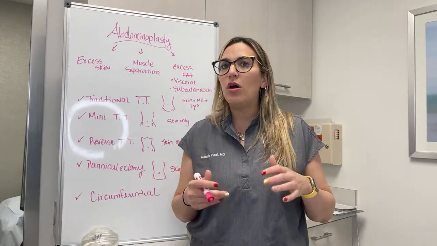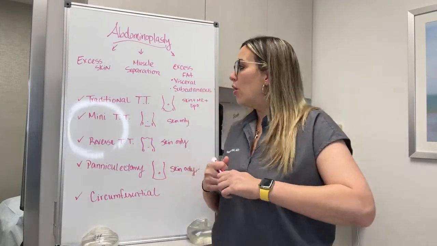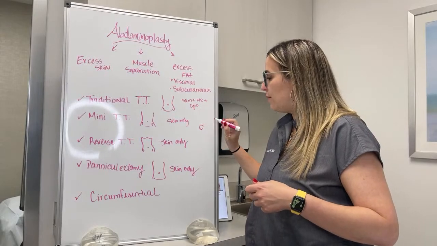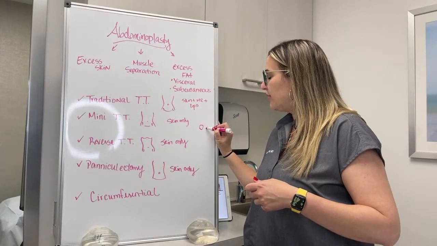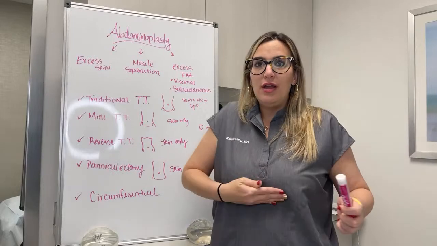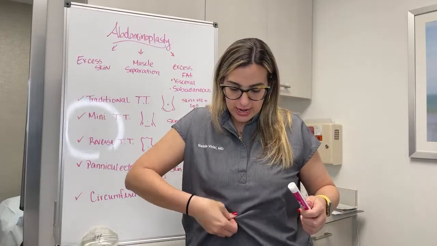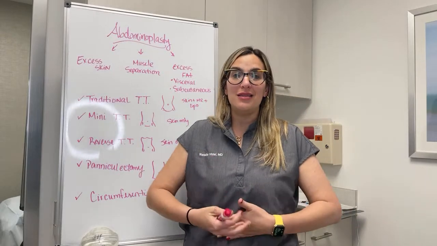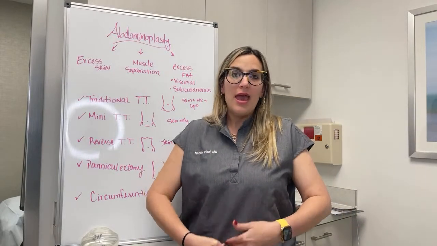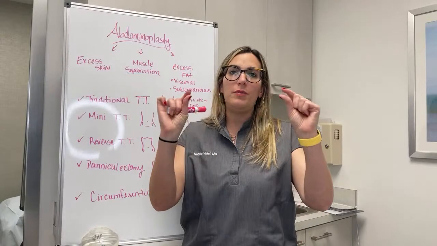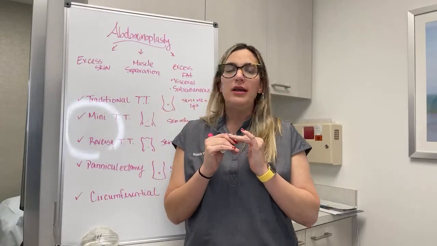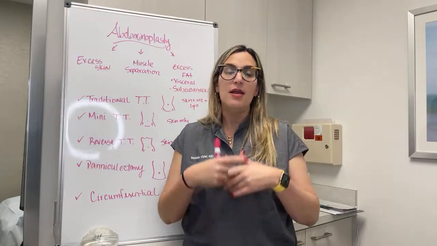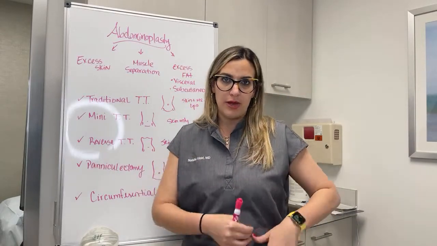So there's something called umbilical hooding, where instead of being a circle, the belly button is more like this, because the skin over it kind of hangs over like an apron. So if you have that, that means there's excess skin that reaches up to the belly button. And by removing just a little bit of skin in the lower abdomen, it's not going to change the shape of the belly button, and it's not going to take care of the excess skin that reaches the belly button area, okay?